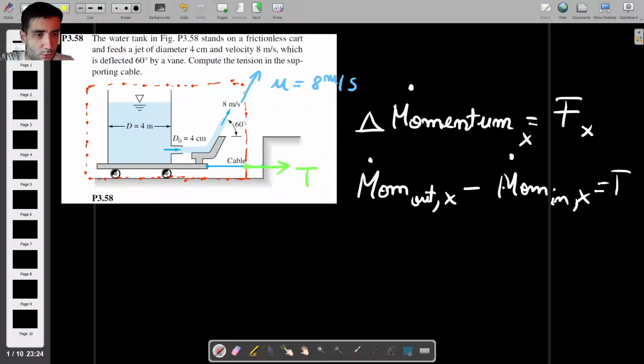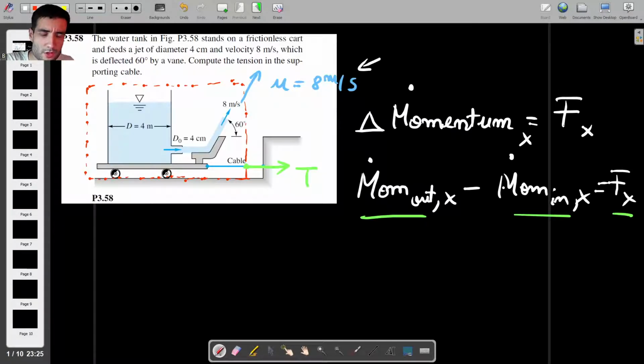And this is equal to all the forces acting on the control volume in the x direction, which in this case is just the tension. So let's treat each of those terms separately. The momentum flow rate in the x direction is due to this water jet leaving the control volume at an angle of 60 degrees with a velocity of 8 meters per second.